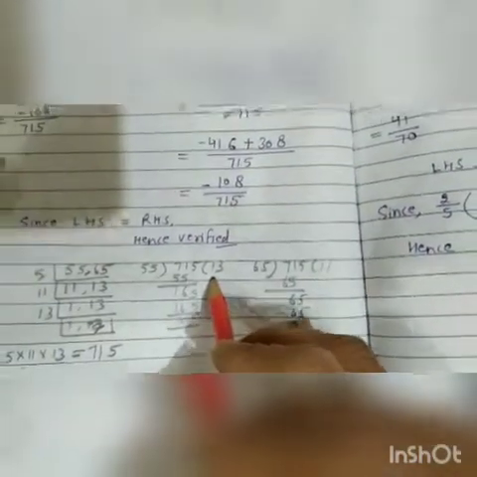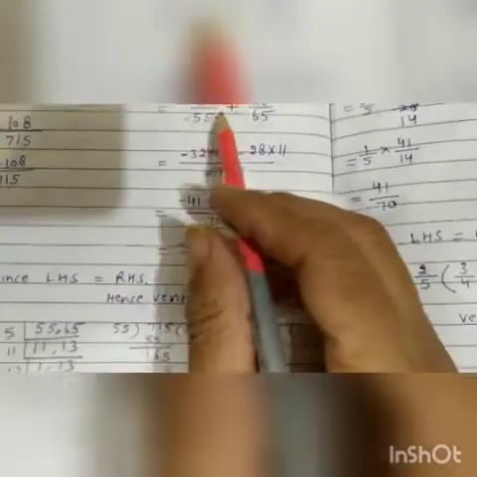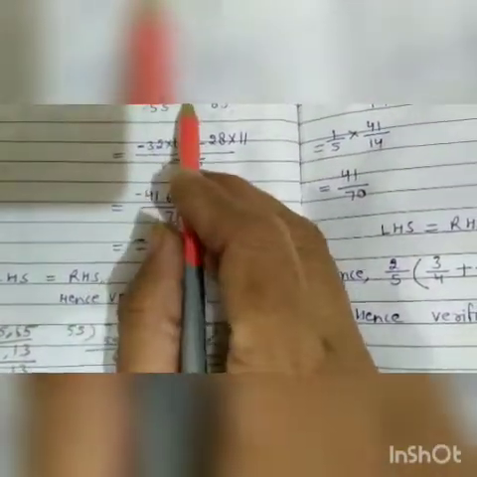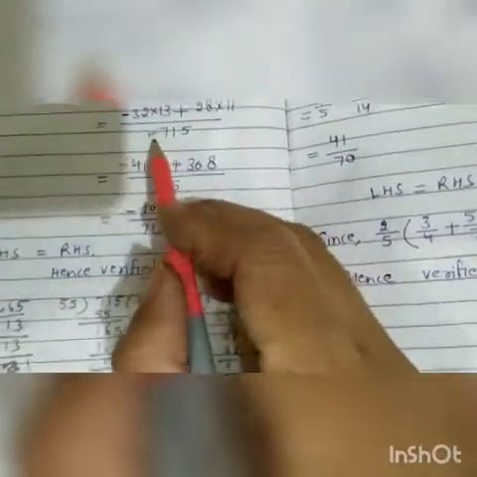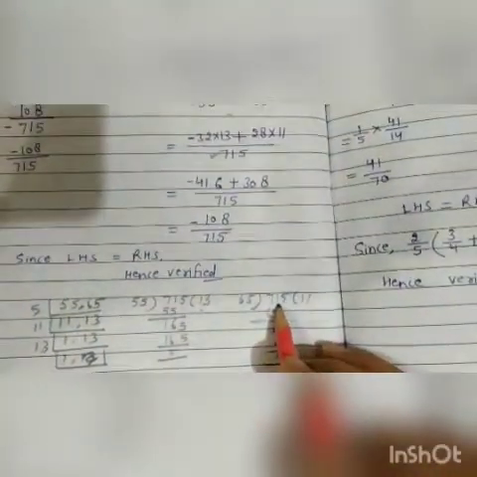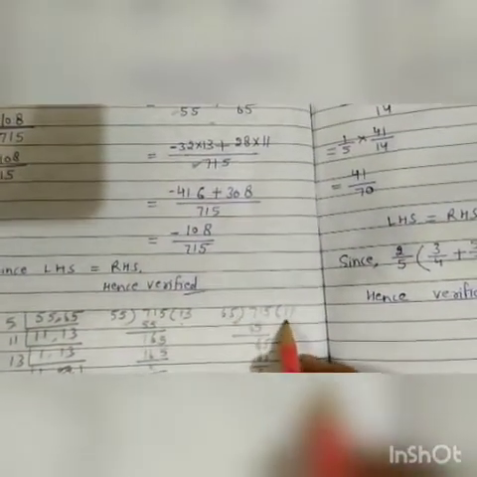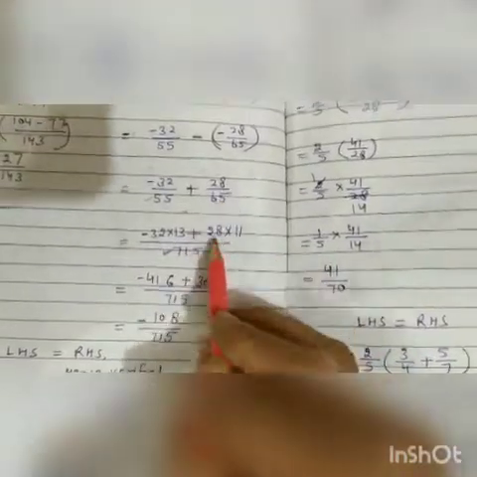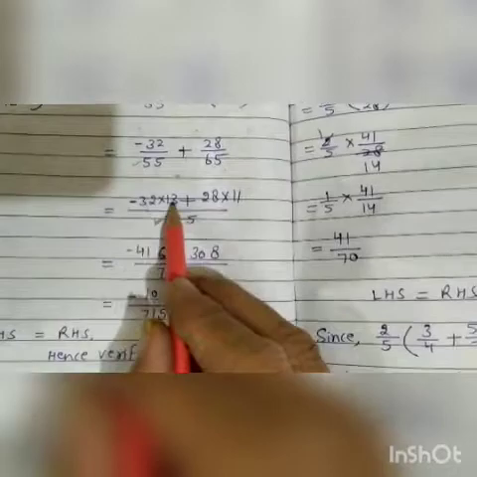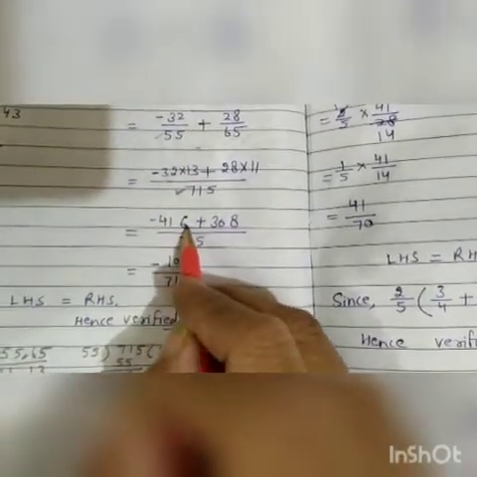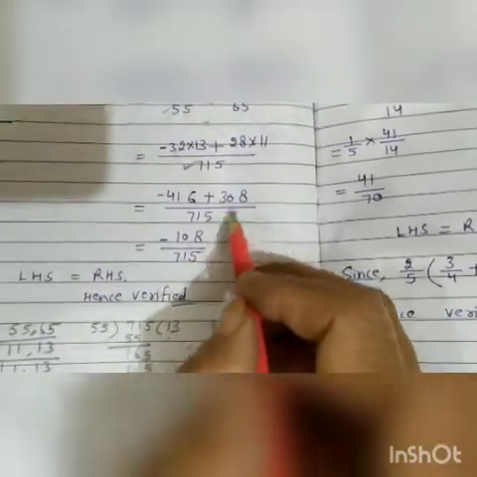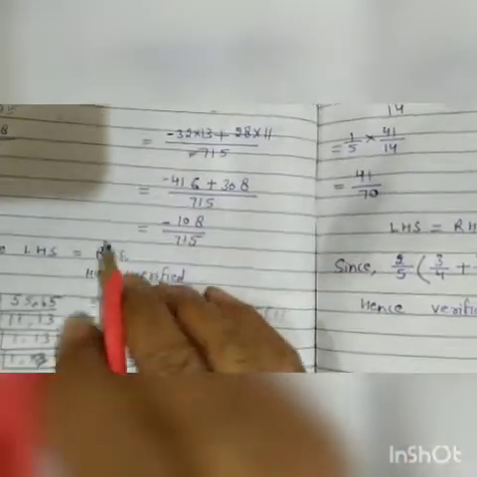Now we will divide this 715 by 55. We get 13. Now this 13 multiply by this 32, minus 32 into 13. Now this plus, again divide this 715 by this 65. So 715 by this 65, when we divide, we get 11. So this 28 multiply by 11. Now multiply these two numbers, we get minus 416, plus multiply these two numbers, we get 308 upon 715.